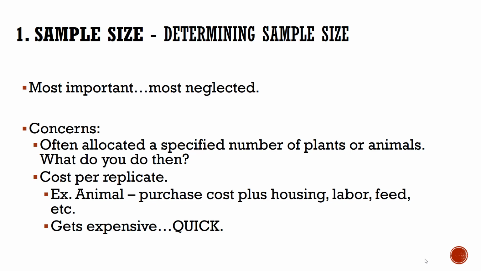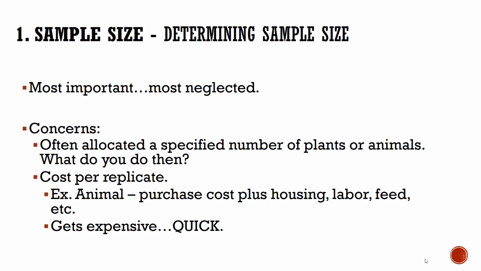If we were going to do a feedlot study where we were going to test two different diets, a control and a treatment diet, and we needed 10 head of animals per treatment, those growing steers right now, if they're 600 pounds, are probably worth $750 a piece, plus the time it takes to feed them, plus the cost tied up in the diet, plus the cost tied up in labor. All of those things can really compound as you start getting more and more experimental units.